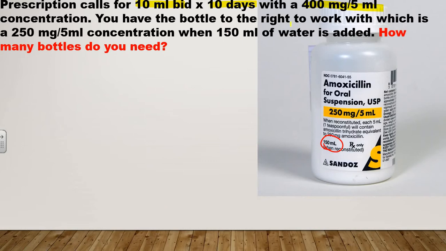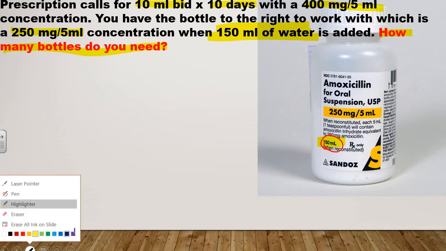You have a bottle to work with, but it's in a 250 milligram to 5 milliliter concentration when 150 milliliters of water is added. You're trying to figure out, how many bottles do I need to fulfill this prescription?